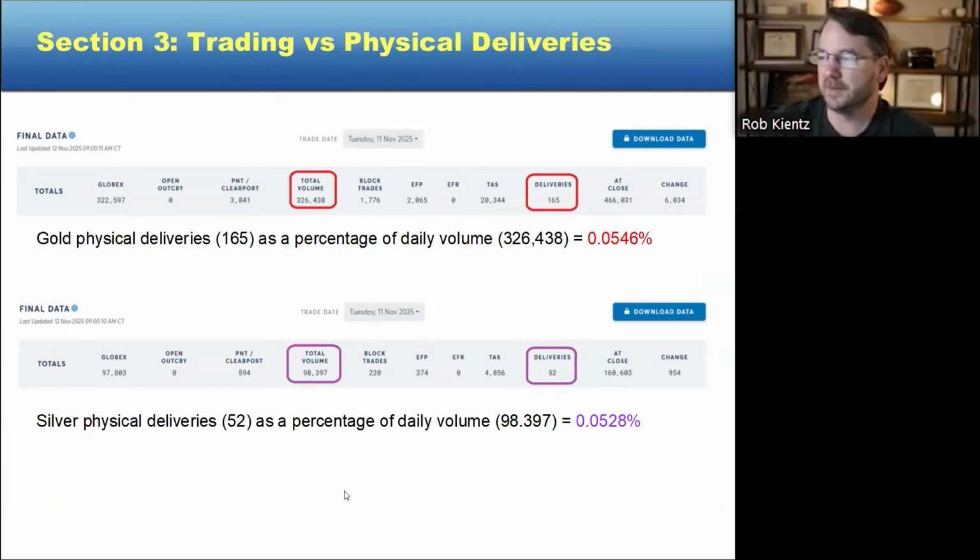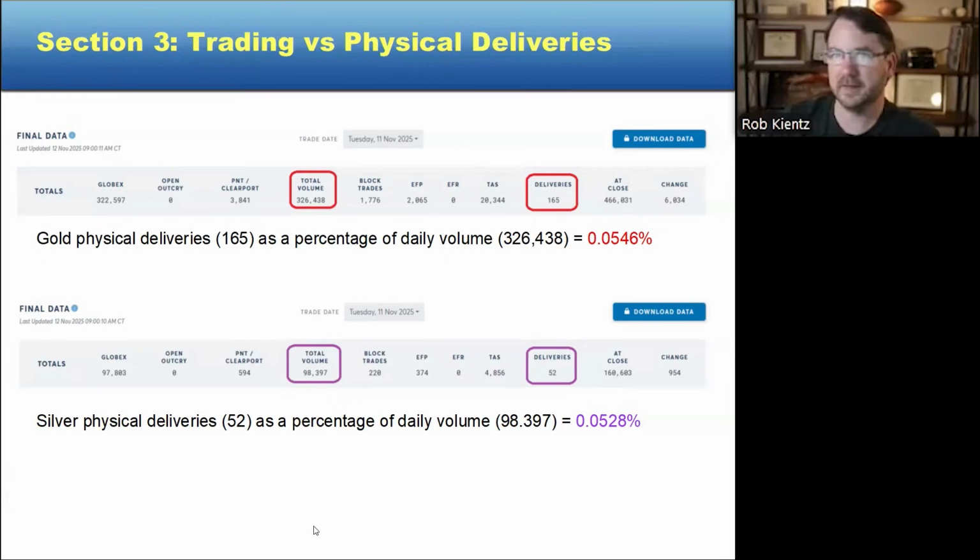So that means that there were physical deliveries equivalent to 0.05%, not 5%. 0.05% of the overall trade was physical. That means that 99.94% of the trade was just paper trading. It had nothing to do with the physical.